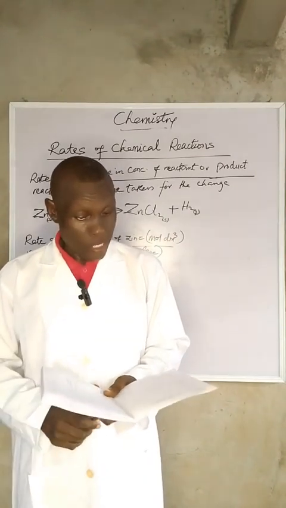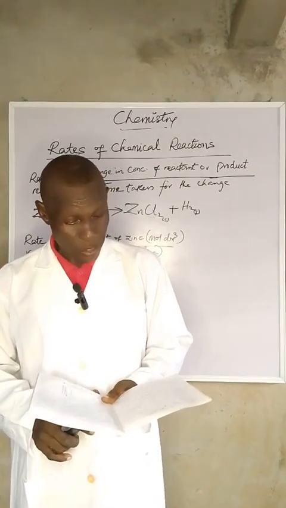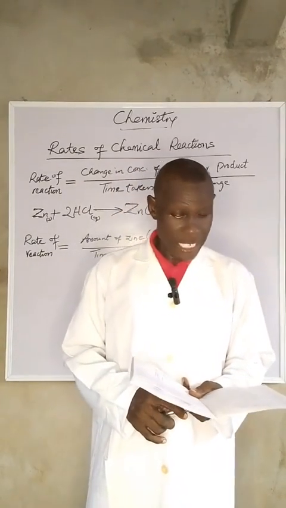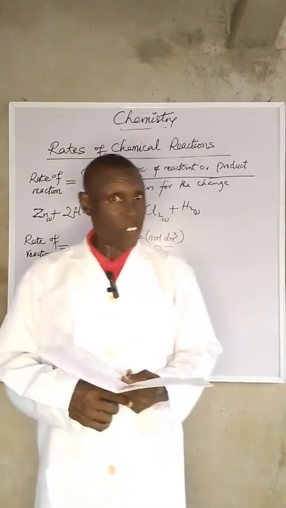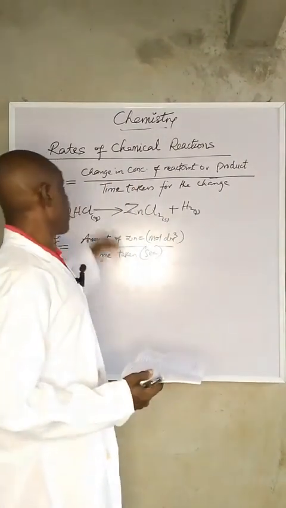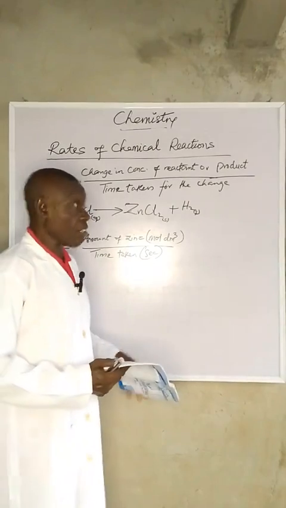So some of these properties include the volume, the pressure, the concentration, the color intensity, and the pH, that is the hydrogen ion concentration. So from this, you can see the speed of a reaction, which refers to what? Rate of chemical reaction.